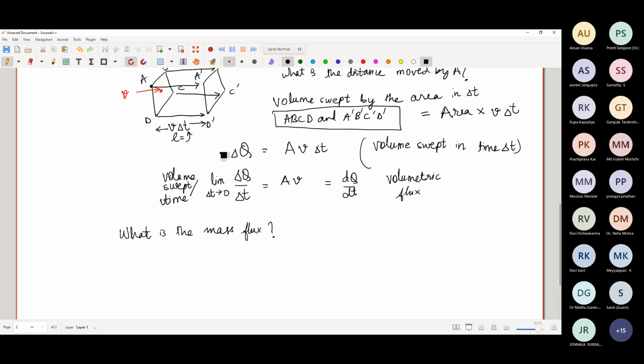If we look at this expression, what is mass? It is density times the volume. So I will simply multiply it by rho, which is the density of the fluid. Similarly, the mass flux is equal to the mass swept per unit time.